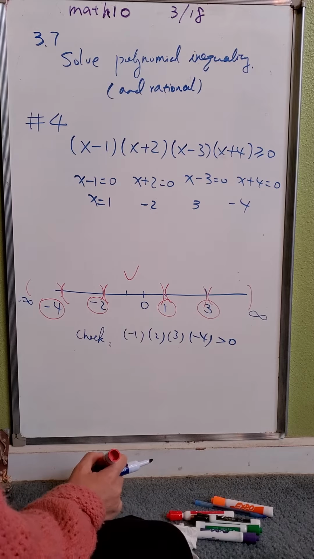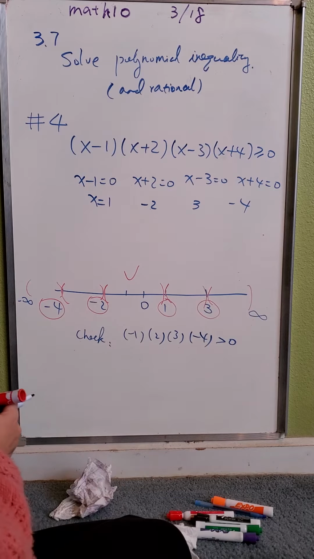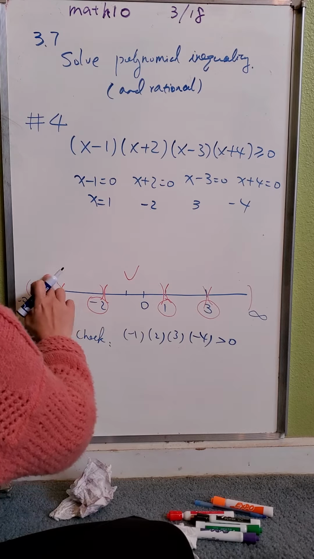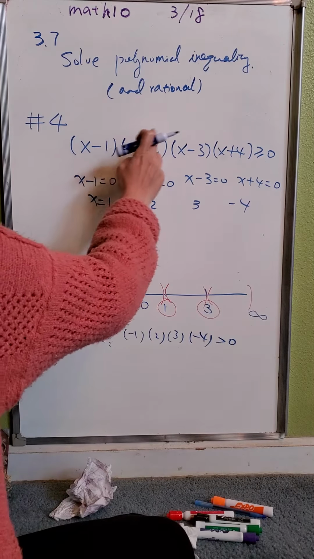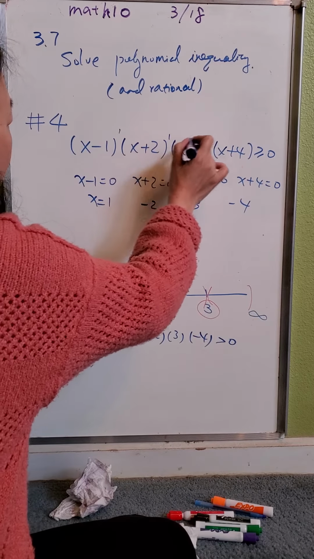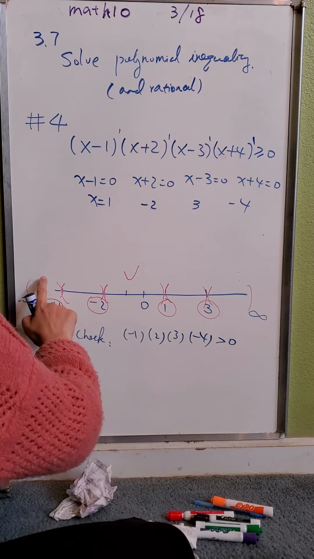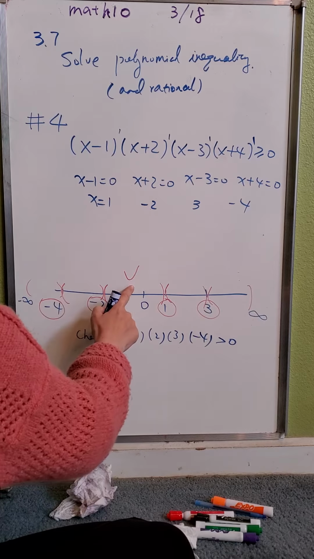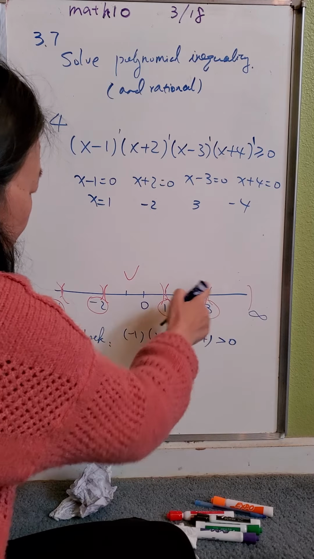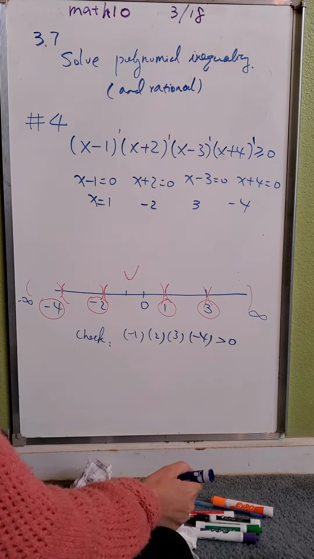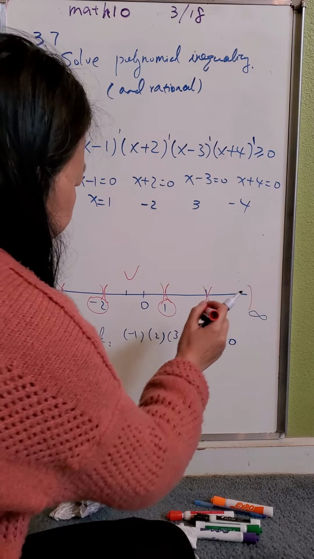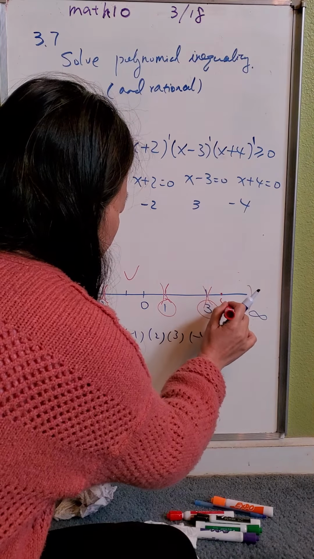Well, here's what happens. Usually the answer alternates when these powers are odd. So these are 1, 1, 1, 1, right? When they're odd, usually the answer is every other interval. If this one works, this one doesn't work, and this one will work. So if you want to be sure, you check a number here, so you go 4.